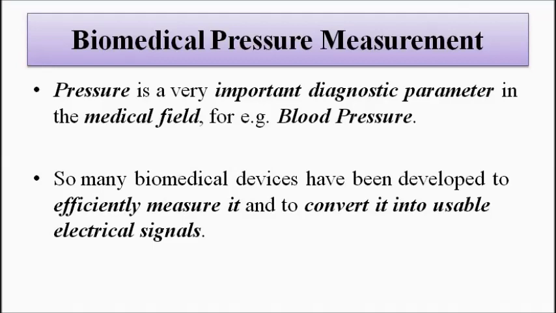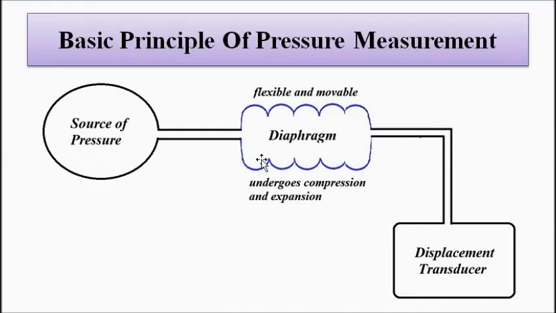So the basic principle of pressure measurement involves the use of a diaphragm as a primary sensing element. What happens is that we use a diaphragm connected to the source of pressure, the body part where pressure fluctuations have to be monitored.